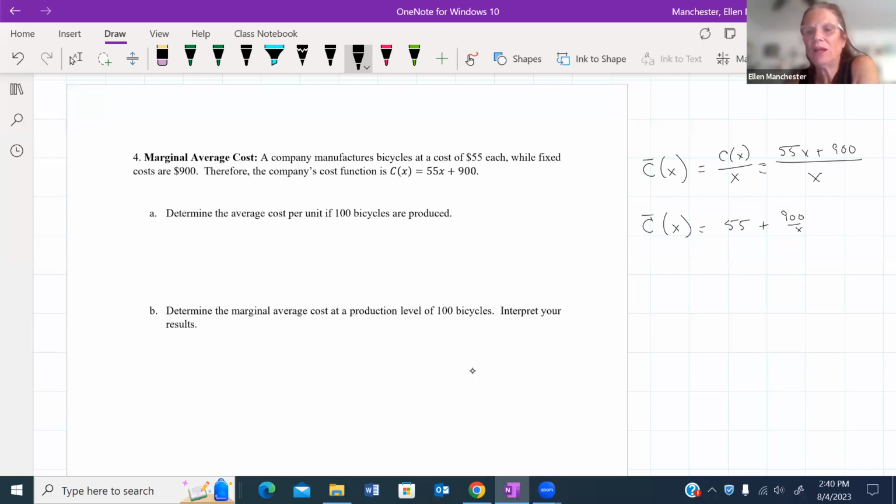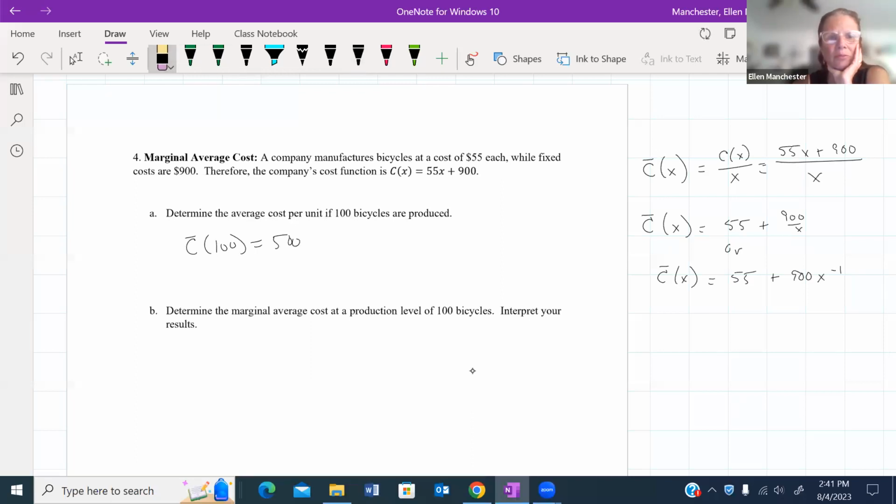So 900 over x, or the average cost could be written like this, 900x to the negative 1. Remember, with a negative exponent, if the exponent is positive on the bottom and I push it to the top, I've flipped it over. That's where the negative exponent comes in. So either of these works. Okay, so average cost for 100 bikes, we're just going to take the average and plug in 100.